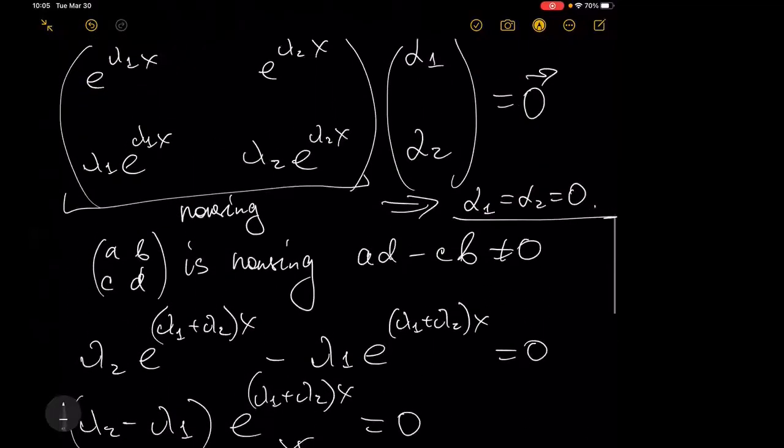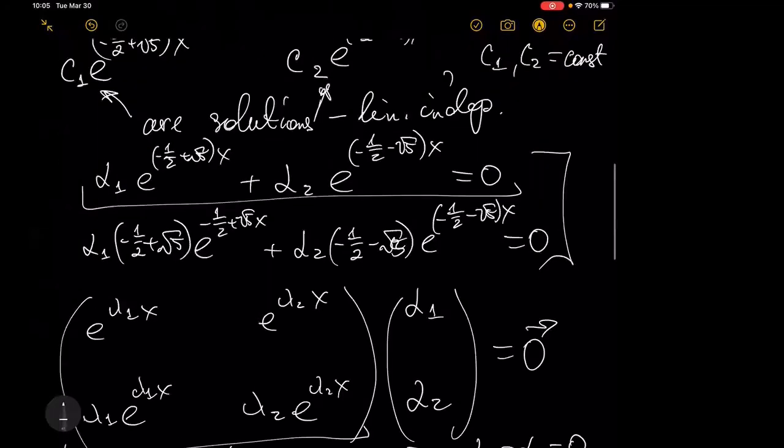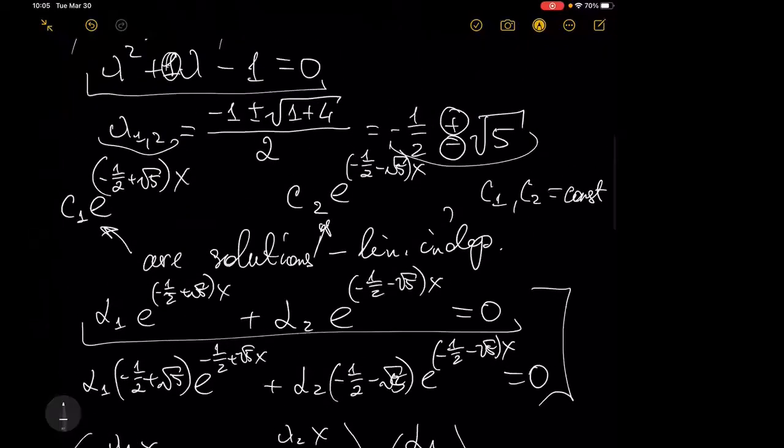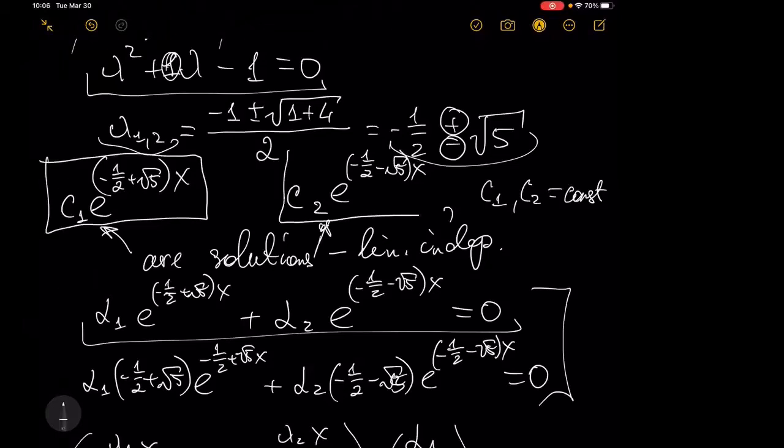From the other point of view, right here, we found two solutions, right? Two of them, two solutions. And these two solutions are linearly independent. So we found two vectors in the space of solutions, and these two vectors are linearly independent. And also we know that space of solutions is two-dimensional.